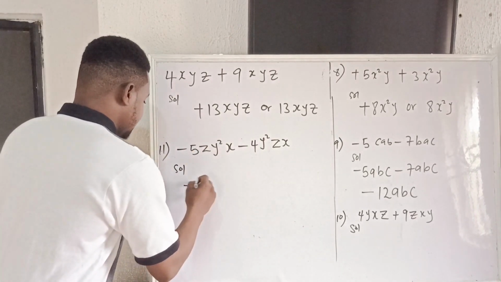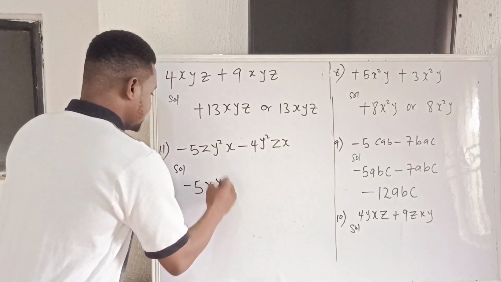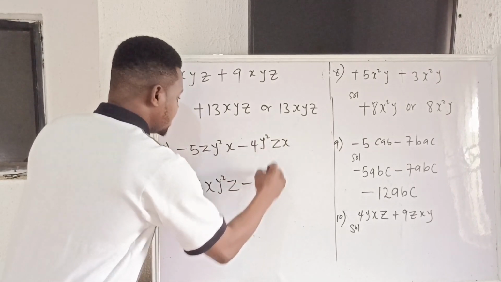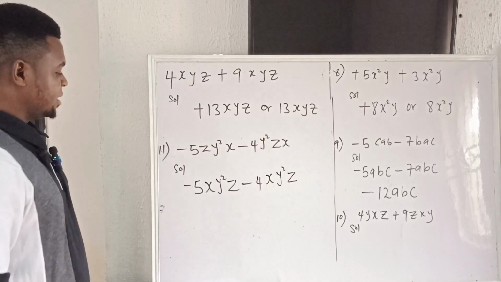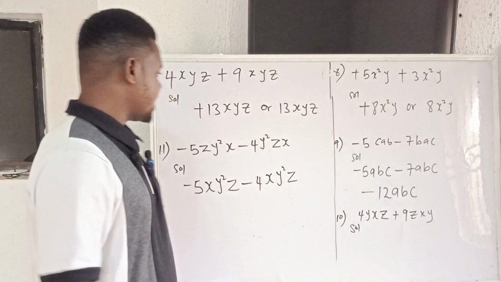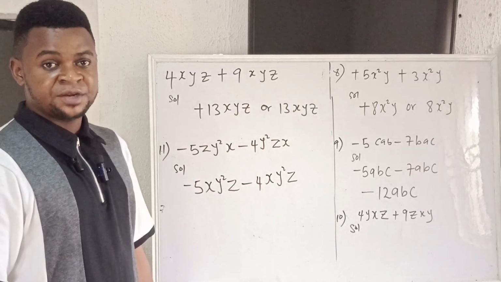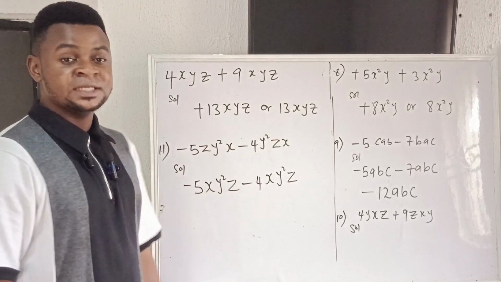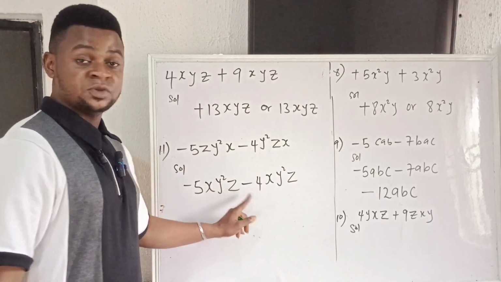So this becomes minus 5, X should come first, followed by y squared, followed by z, minus 4x y squared and Z. So in this case, the variables are well arranged in alphabetical order. Since the variables are arranged in alphabetical order, what do I do next? I'll find out the signs attached. The sign for this is minus, sign for this other one is also what?